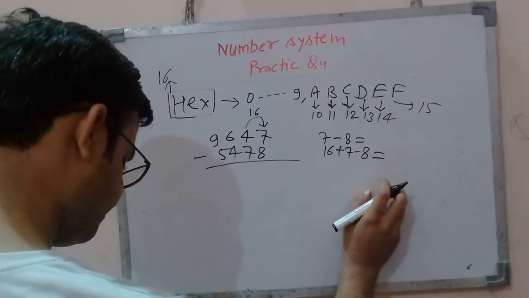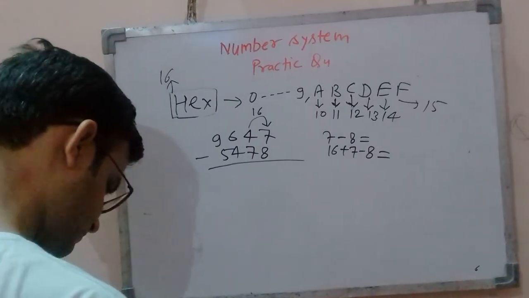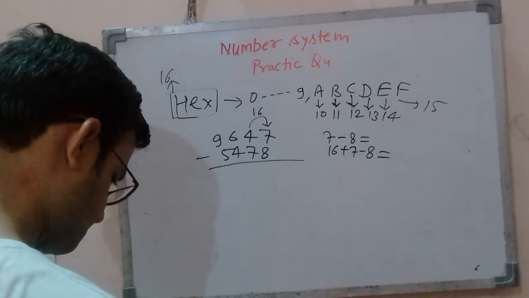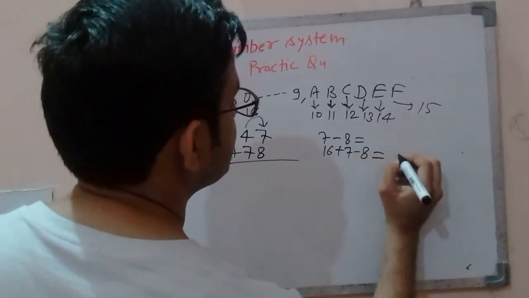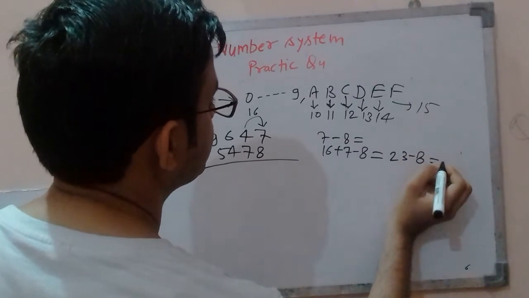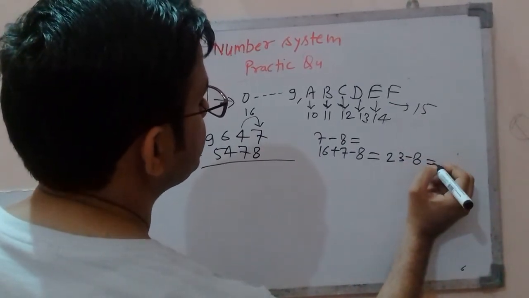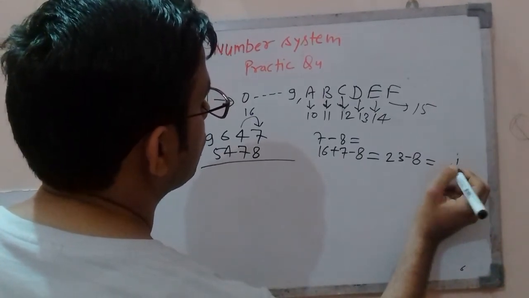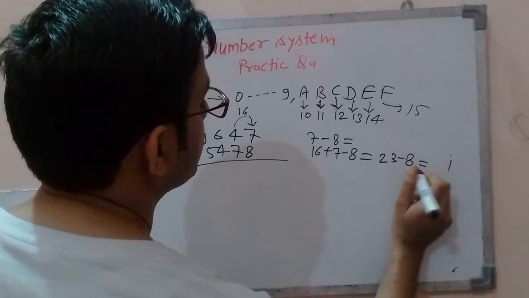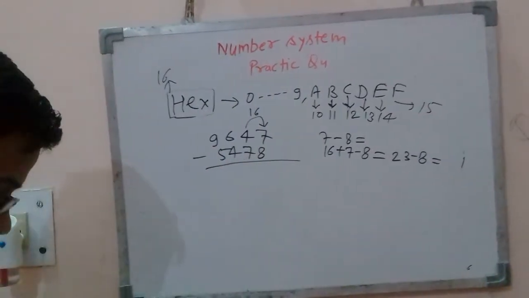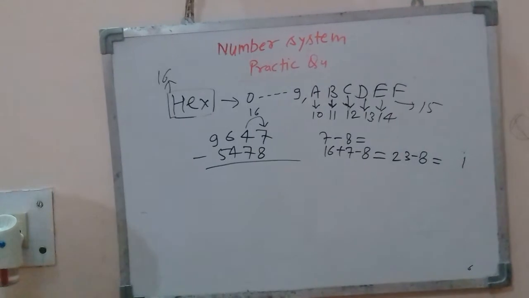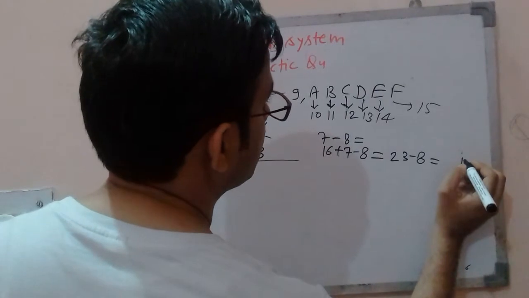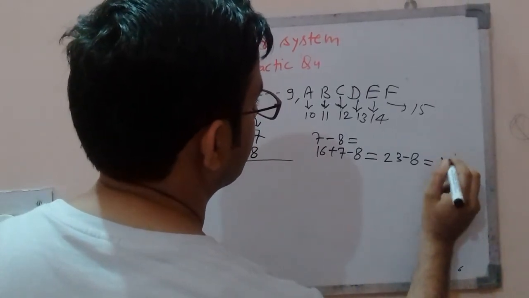So 16 plus 7, 23 minus 8. How much will it become? 23 minus 8 is 15, right?